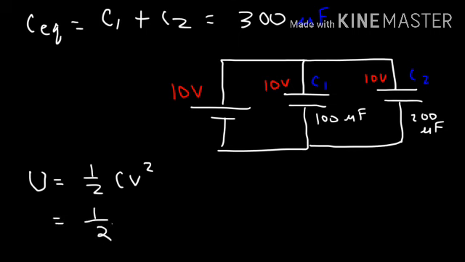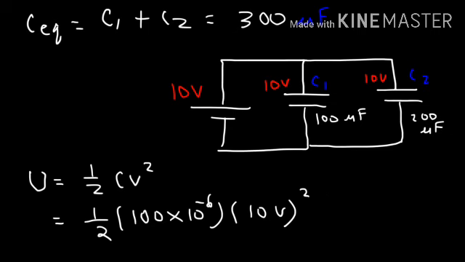So it's 1/2 times 100 times 10 to the minus 6, that's the capacitance, times the voltage across that capacitor, which is 10, and don't forget to square it. So this is equal to 0.005 joules, which we could say is about 5 millijoules.